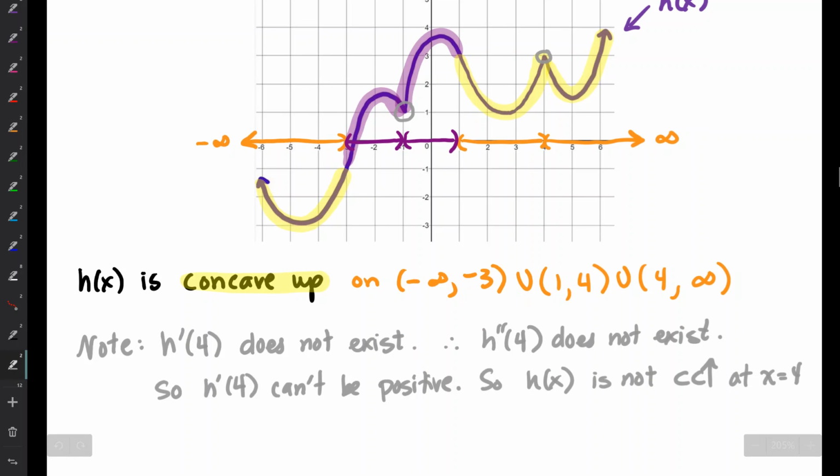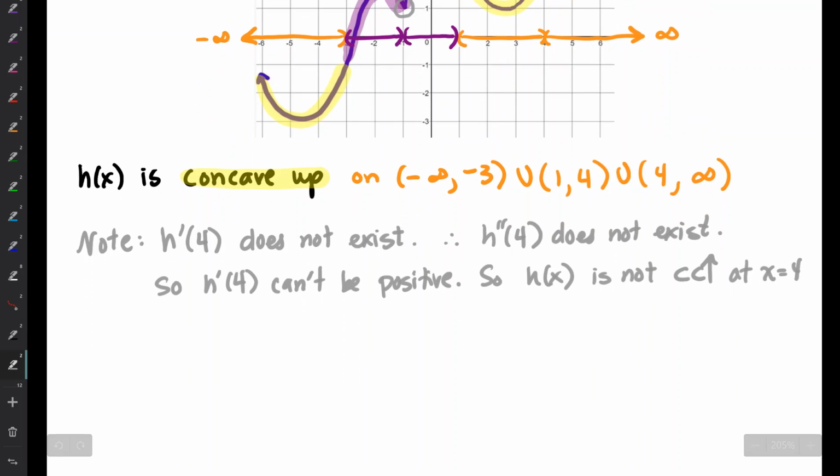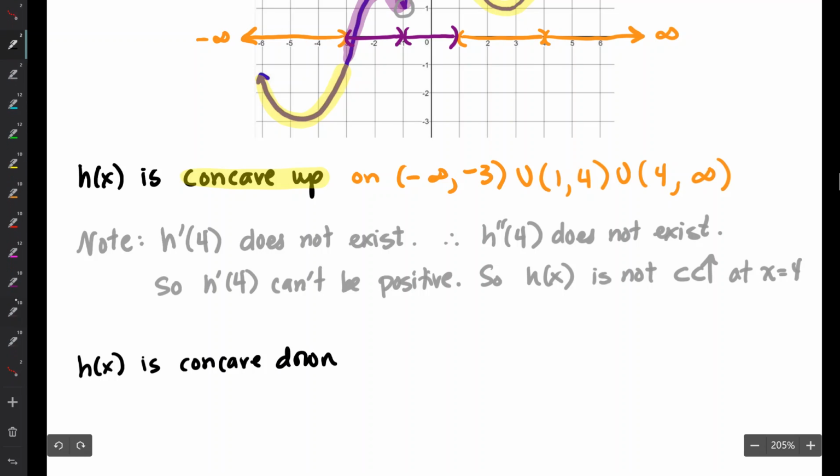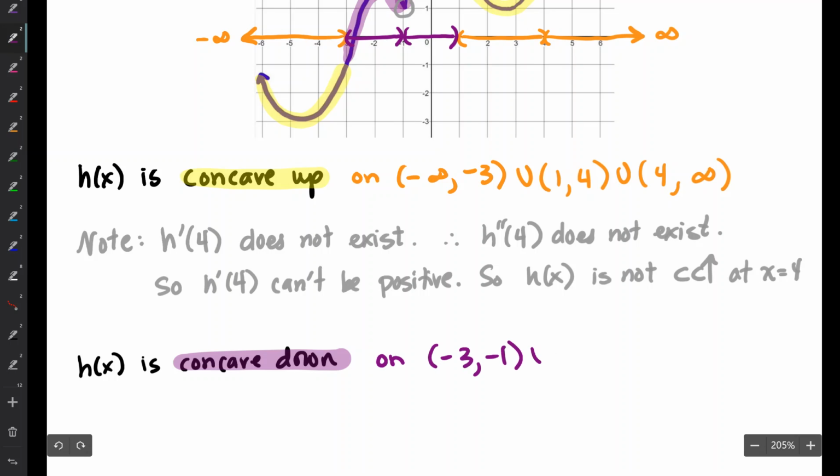Let's go ahead and write that. h is concave down on these two intervals, -3 to -1 and -1 to 1.